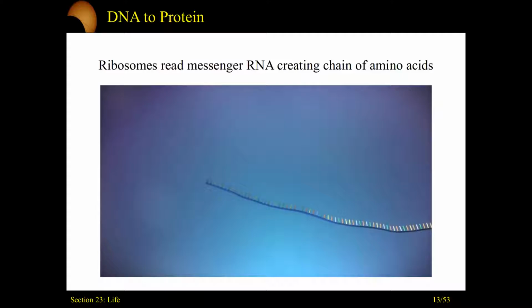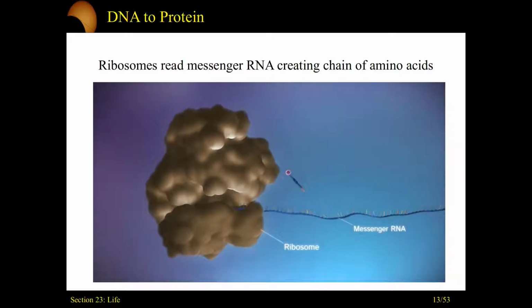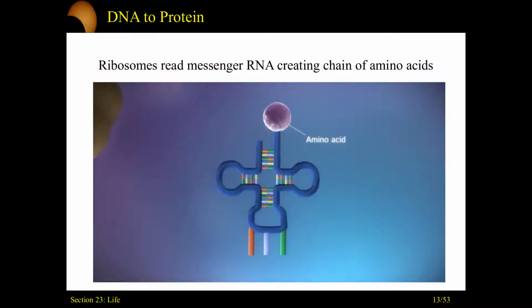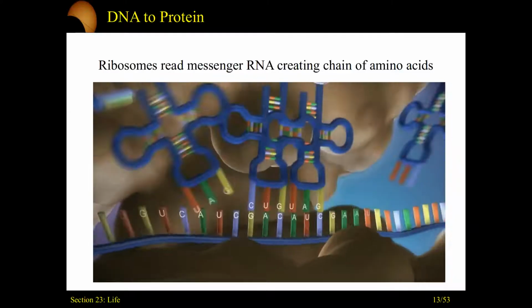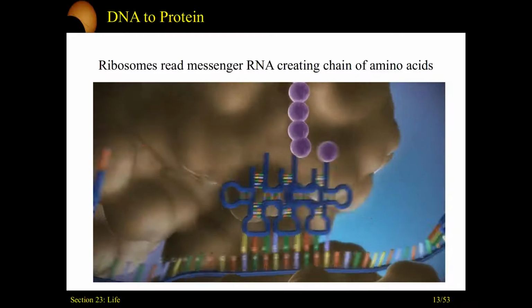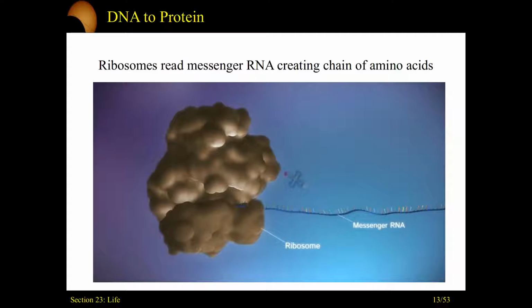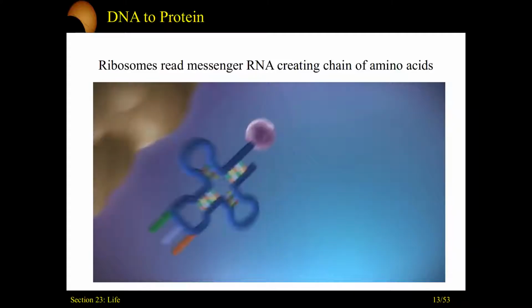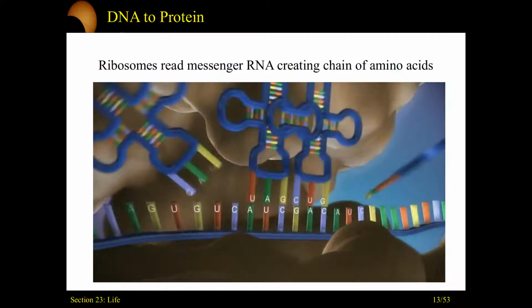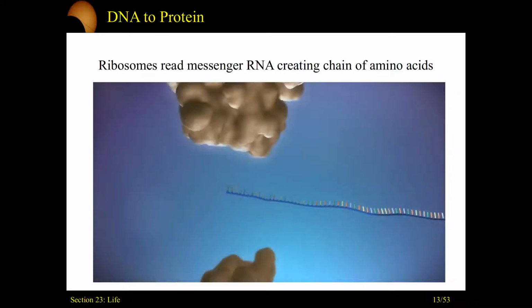So let's fire up this animation. The ribosome grabs onto the messenger RNA and starts attaching amino acids through transfer RNA, something we talked about earlier. The transfer RNA comes in triplets of the letters, hence why we call this genetic code a sequence, and that amino acid gets deposited on.